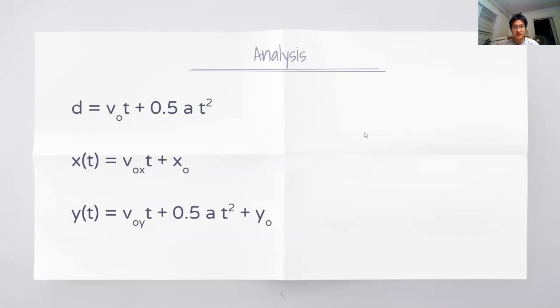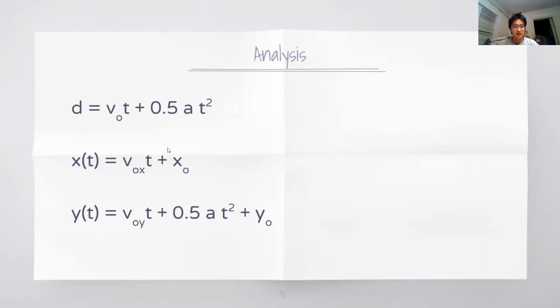So now let's go into our analysis. Since we know we are dealing with either no acceleration or constant acceleration, we can use this kinematic equation where d equals v naught t plus 1/2 a t squared. So when we set that up in the X direction, we know that x of t is equal to v naught x times t plus any displacement in the X direction.